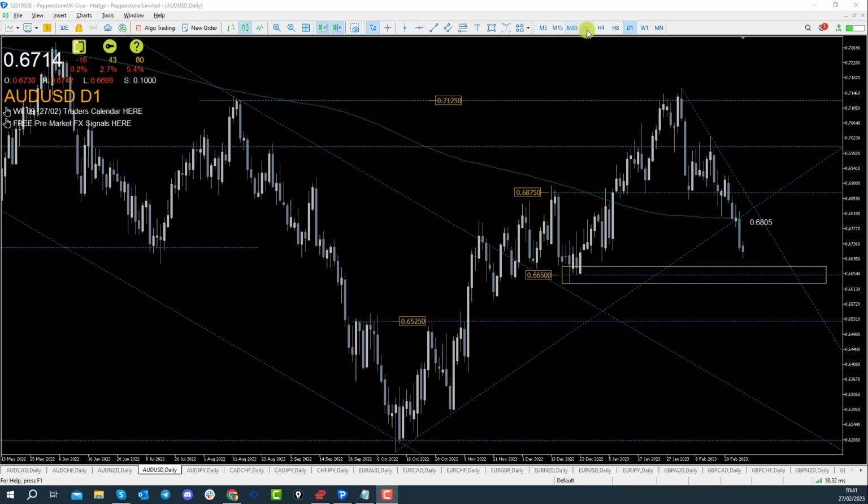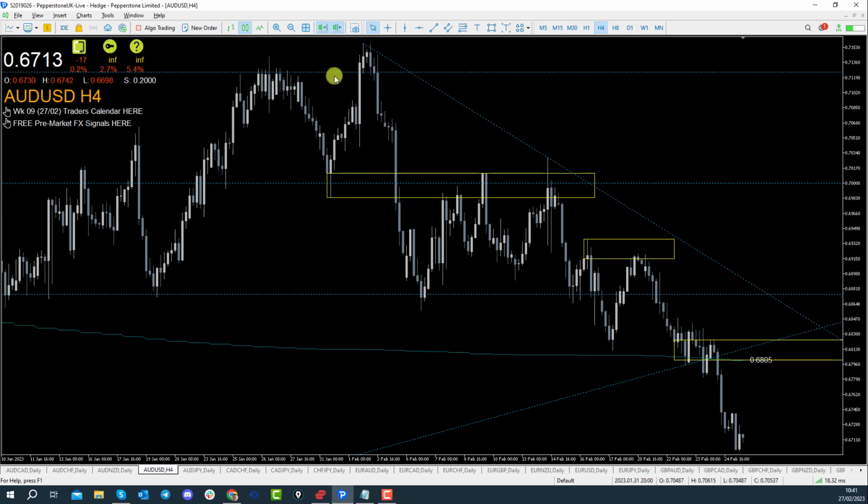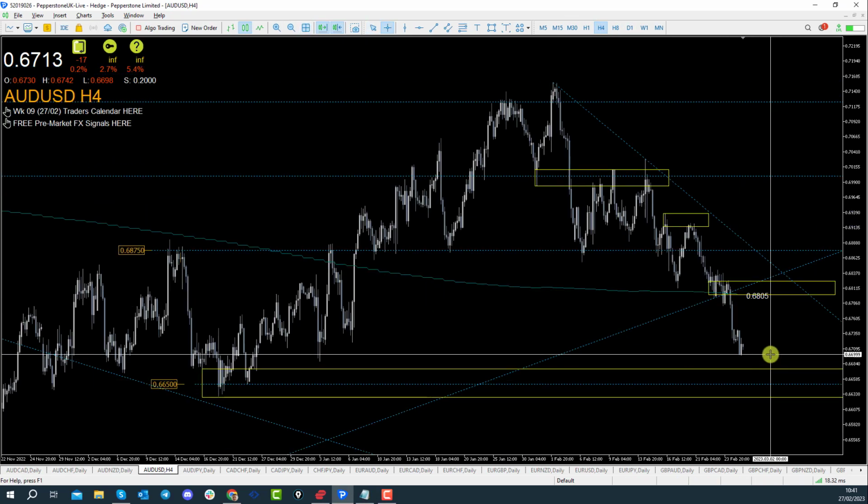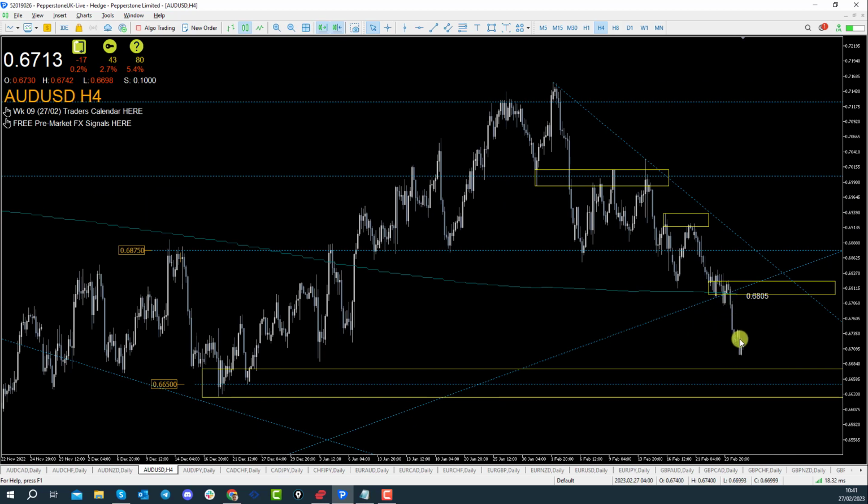Alternatively, you could be looking for day trading opportunities. Now, if I go to the 4-hour time frame, I have highlighted that zone in a little more detail. However, price is just continuing down. So what we may see is more consolidation forming here before seeing a continued breakdown.